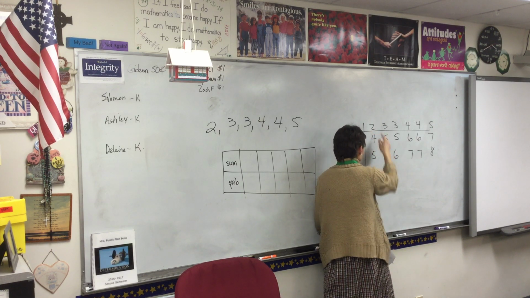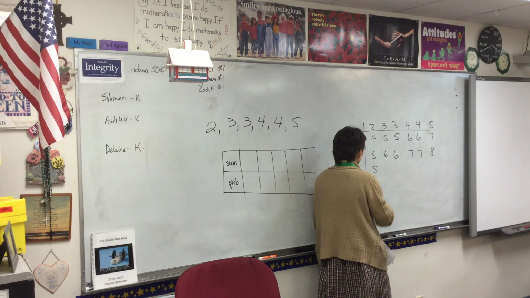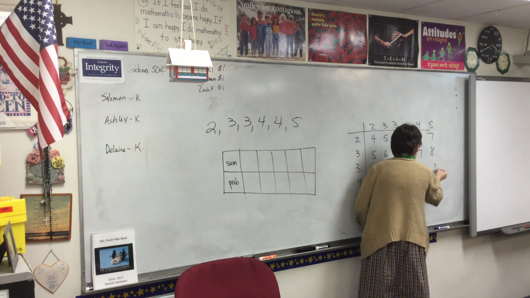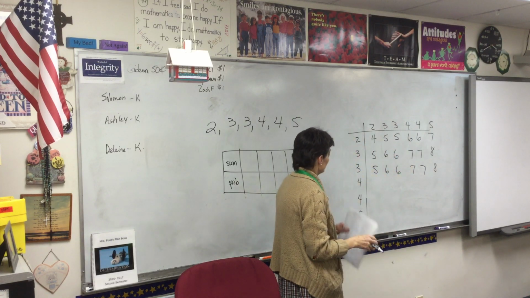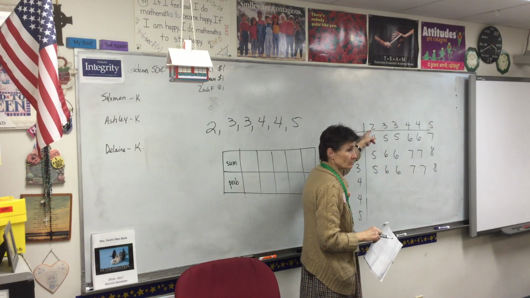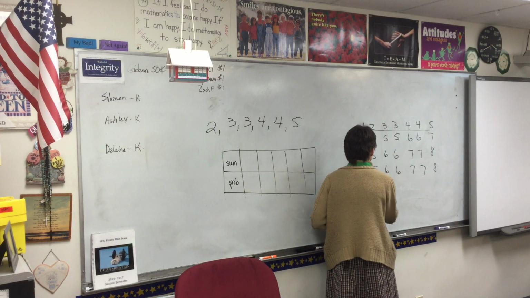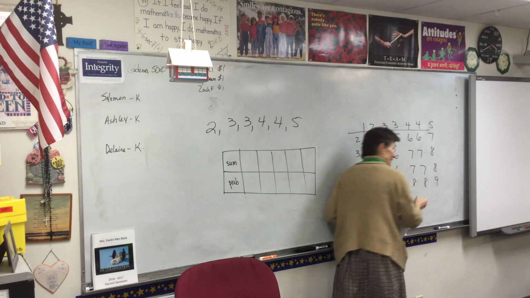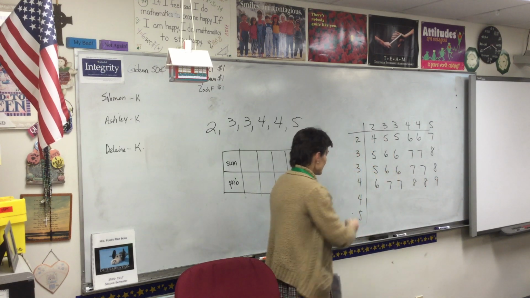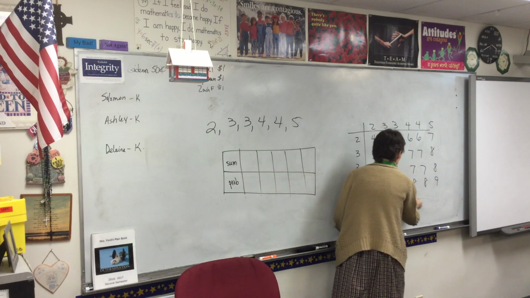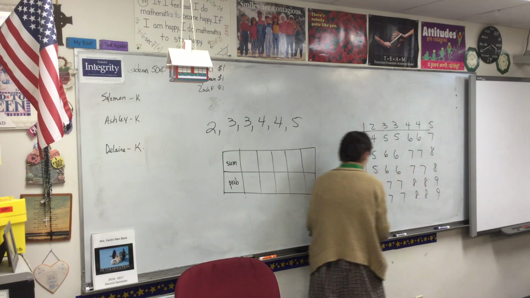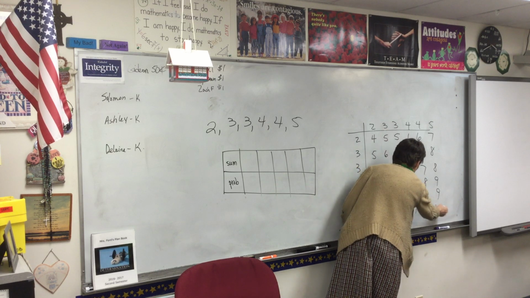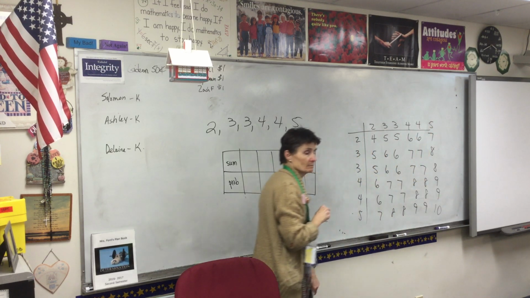If you roll a 3 and roll a 2, you're going to get a 5. Roll a 3, you're going to get a 6. Now, a 4 and a 2 would give me a 6. 7, 7, 8, 8, 9. You're getting it. This is going to be the same thing, right? Because it's the same. And then a 5 would be, so there are the outcomes.